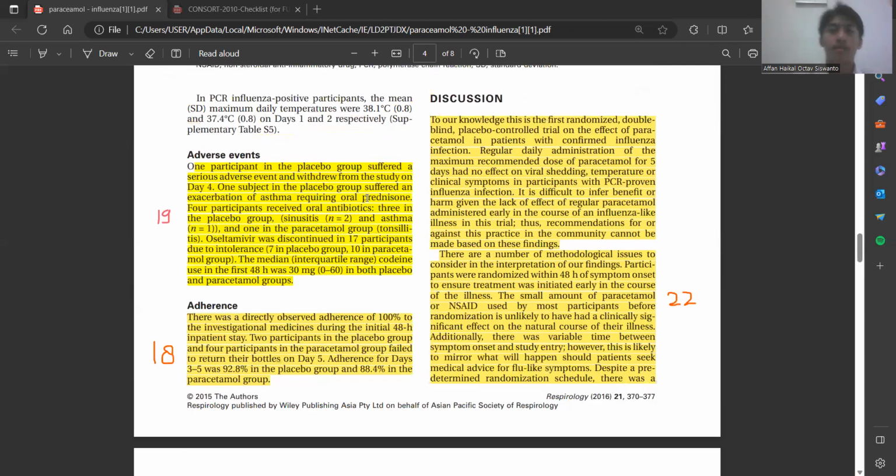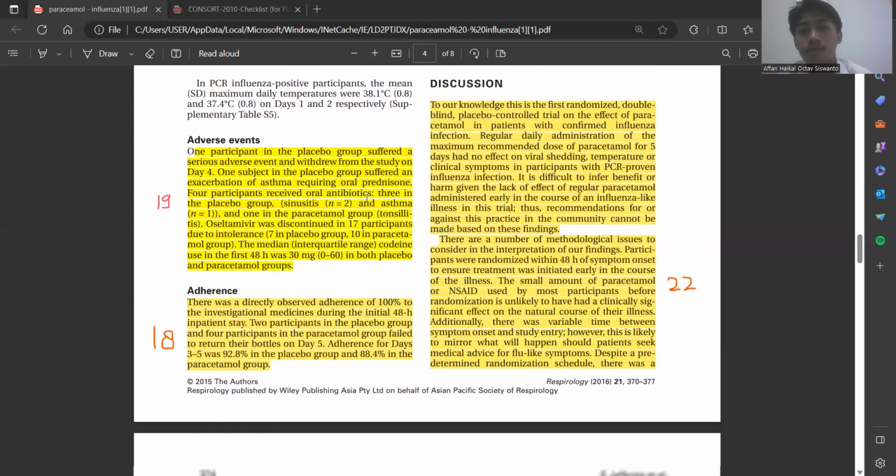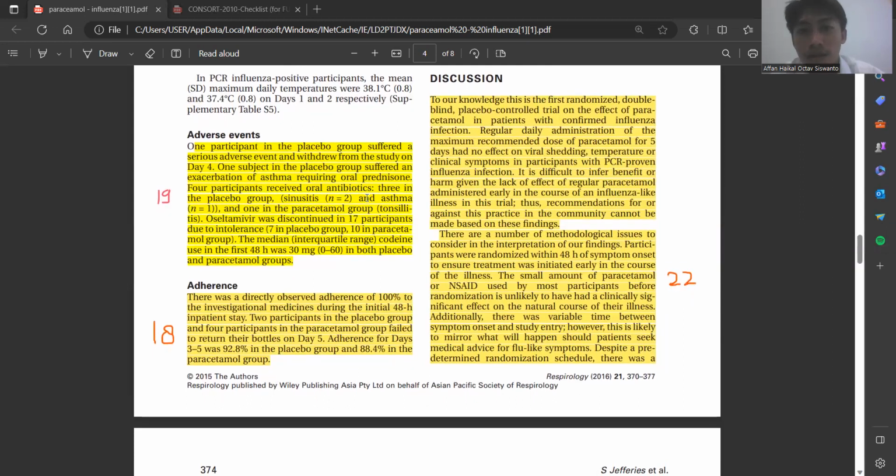So the next item here is item 22, which is included in the topic discussion. Item 22 is the interpretation: interpretation consistent with results, balancing benefits and harms and considering other relevant evidence. We get here, there are a number of methodological issues to consider in the interpretation of these findings.